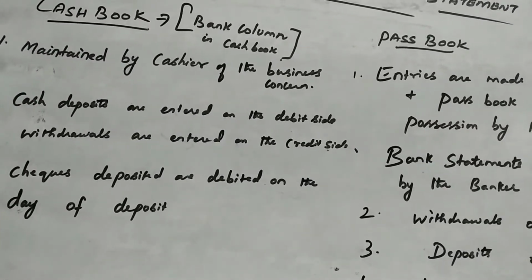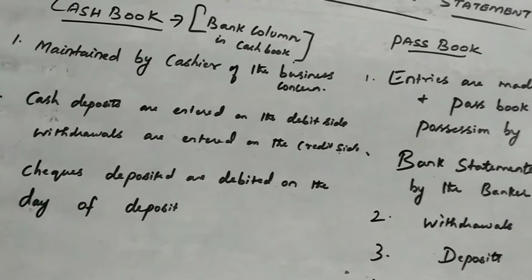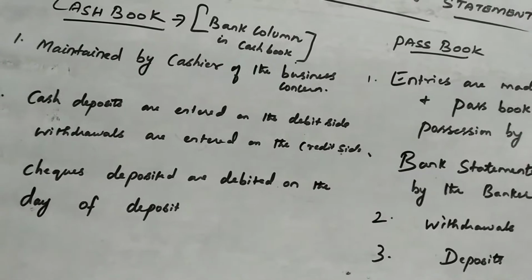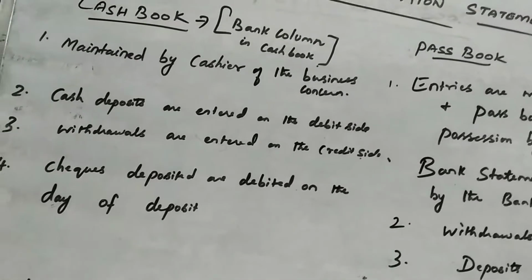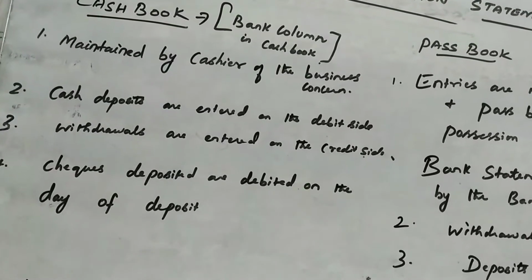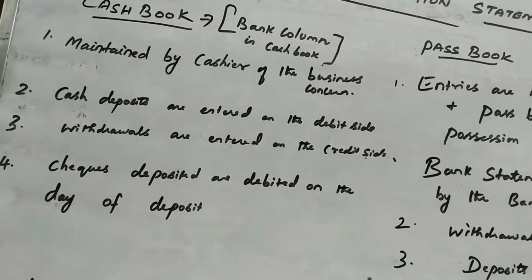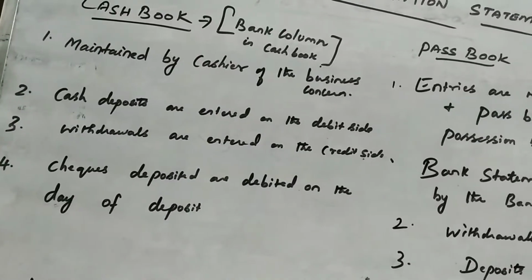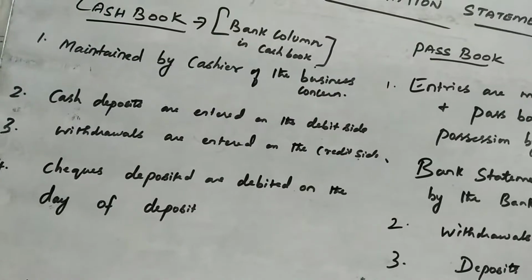You will first record that on the receipt side as if you have got cash. If you are depositing the check with the bank on the same day, you can enter that in the bank column of your cash book.